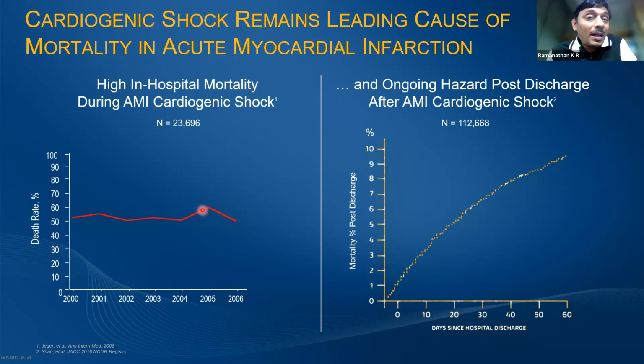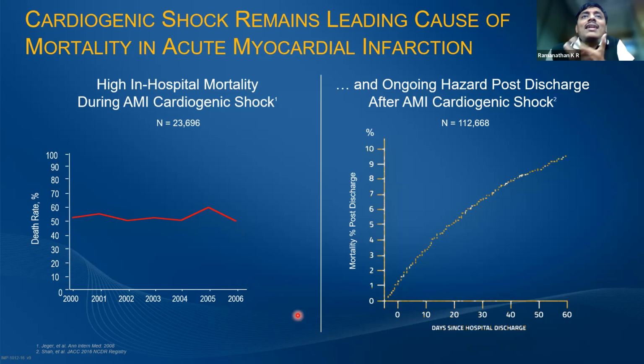Now, this is despite the fact that we have the latest gadgets in town, despite the fact that our understanding of the disease has improved, and despite the fact that the number of patients who have been vulnerable to this disease has been increasing. So essentially, all put together, our death rates have more or less been stagnant.